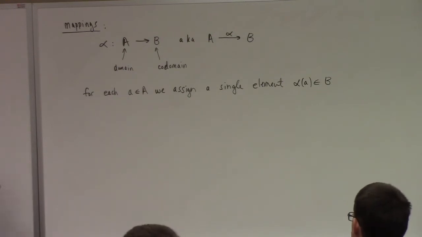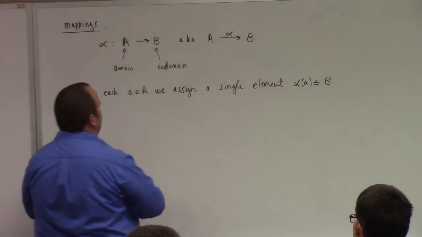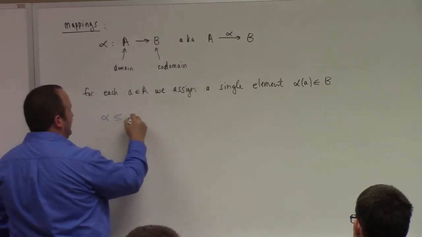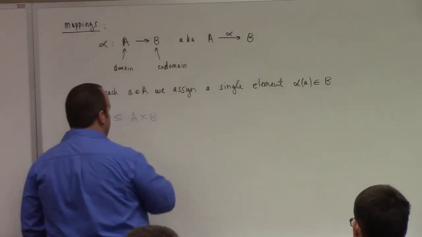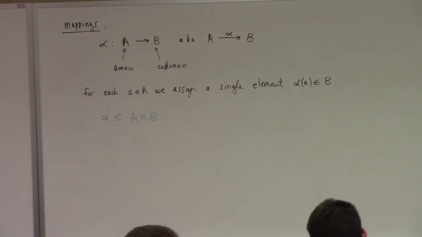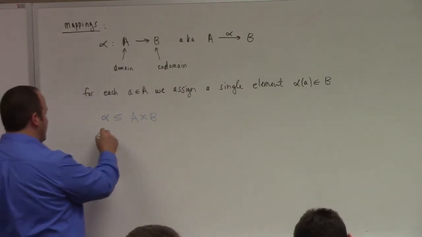So if you're a glutton for punishment and you really want to confuse the students properly, you could say that the function is really a subset of the Cartesian product of A and B. It's really a set of ordered pairs. And what's the rule?